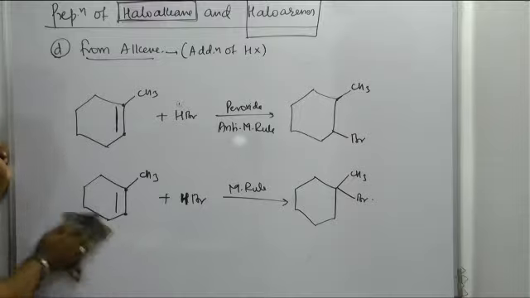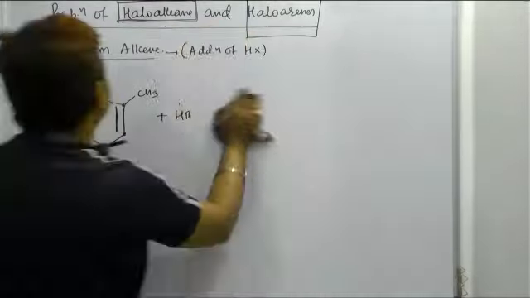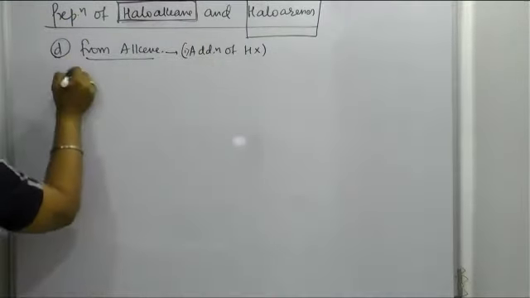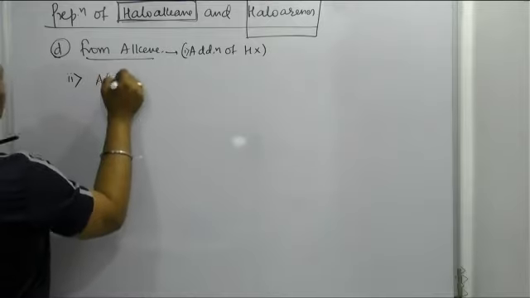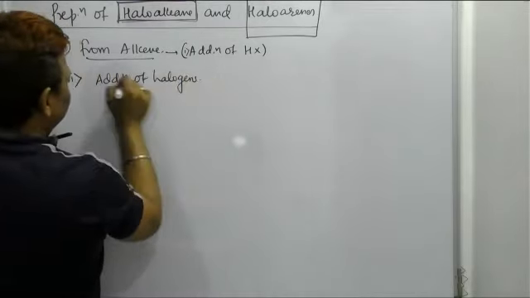Now, addition of hydrogen halide from alkene is the first case we have seen. One more is the addition of halogens, the second one, again to alkene. Interesting part, this one.